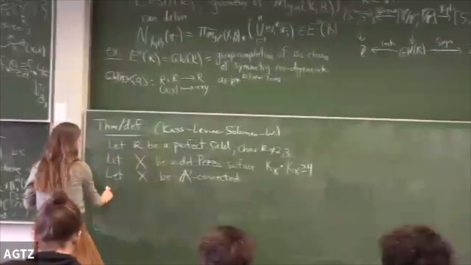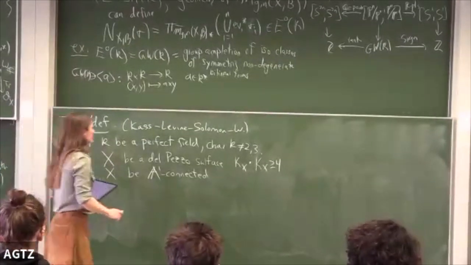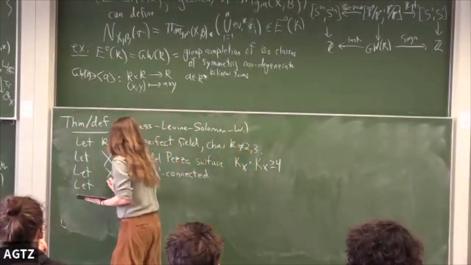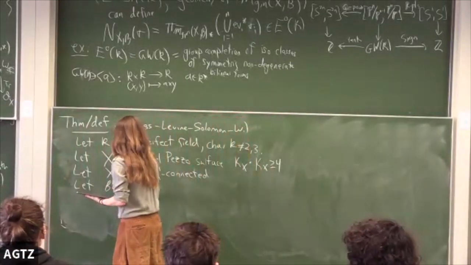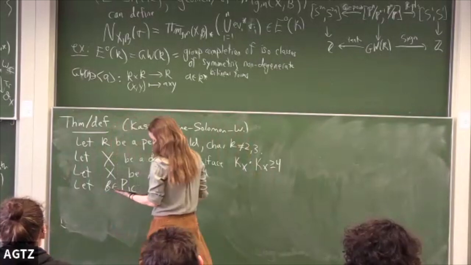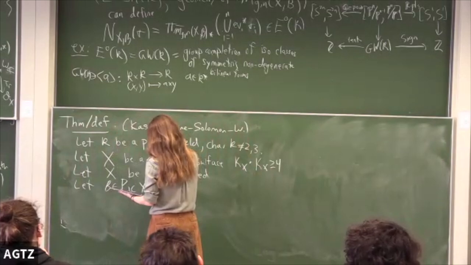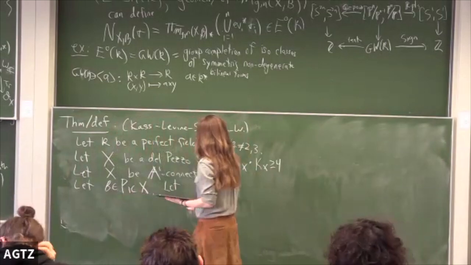We're going to pick a degree that's in Chow 1, but that's also in Pic because we're on a surface. So let beta be our degree. It's in Pic of X. And then we're going to just go through points.